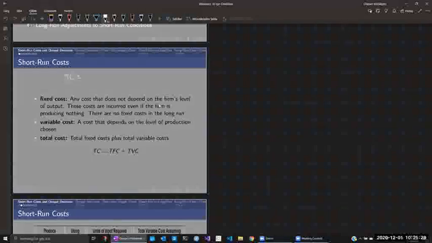Yes, so the economic costs also included the opportunity cost, because for example, by making investment in the firm, we know that we are foregoing some potential income that we could have earned by using this investment, for example, in the financial market, right?